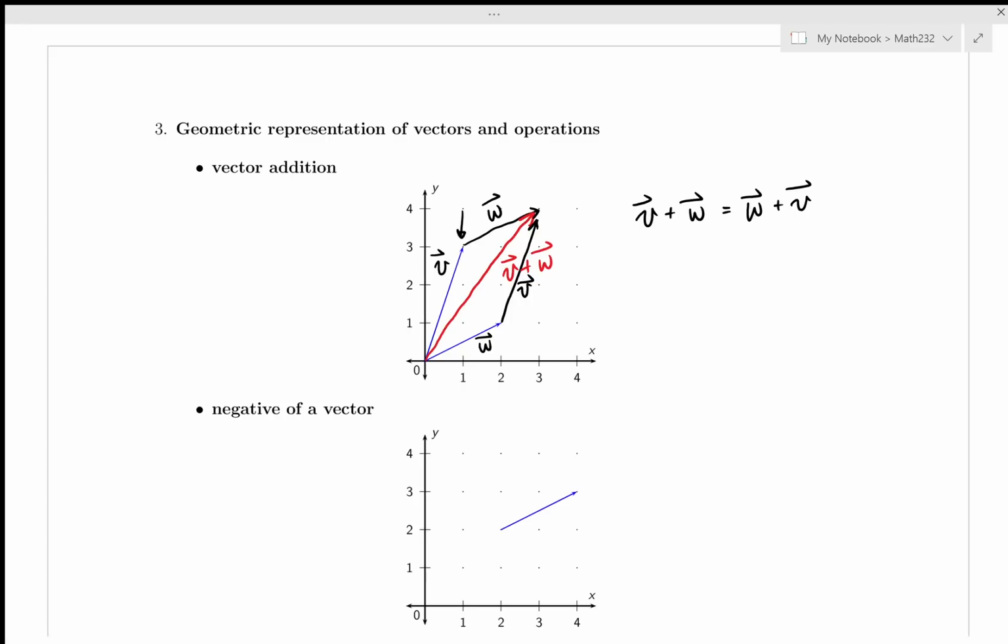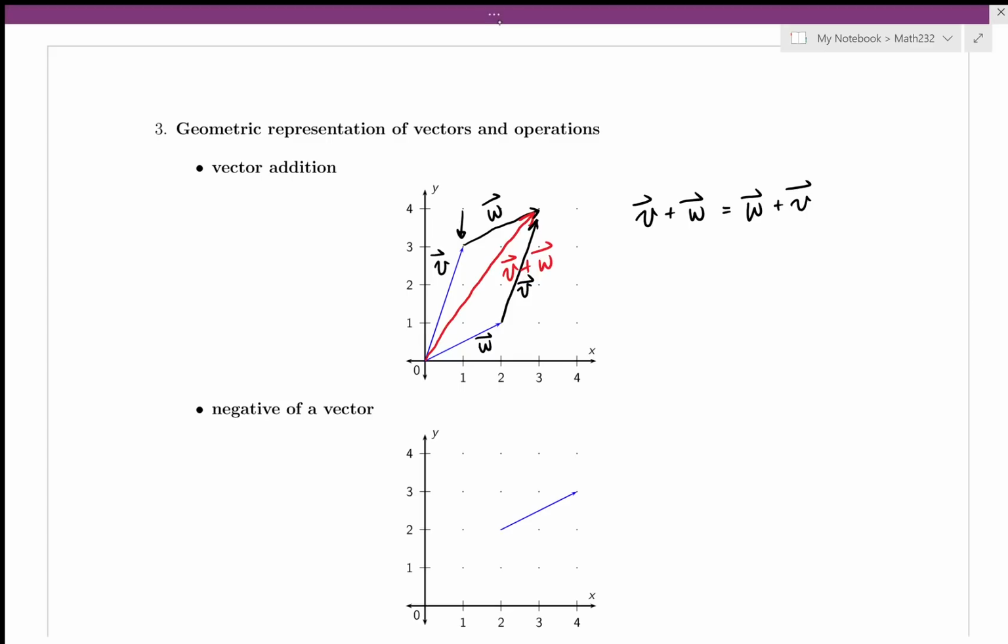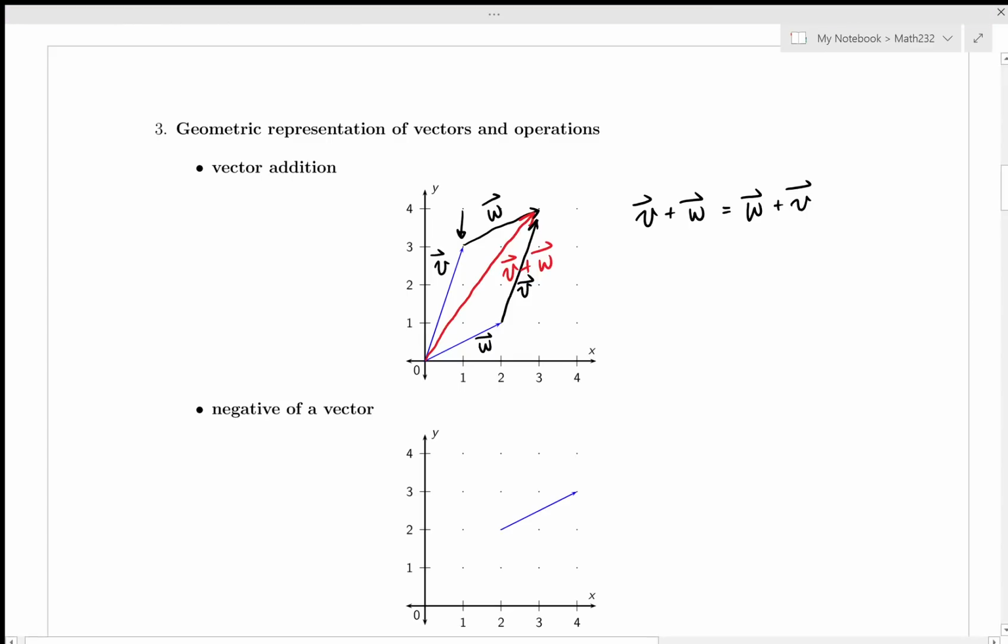We have a fancy way of talking about this. Sometimes we will call this resultant vector here, if we were thinking of going along this path to get there, the translation of V by W. Okay, what does that mean?